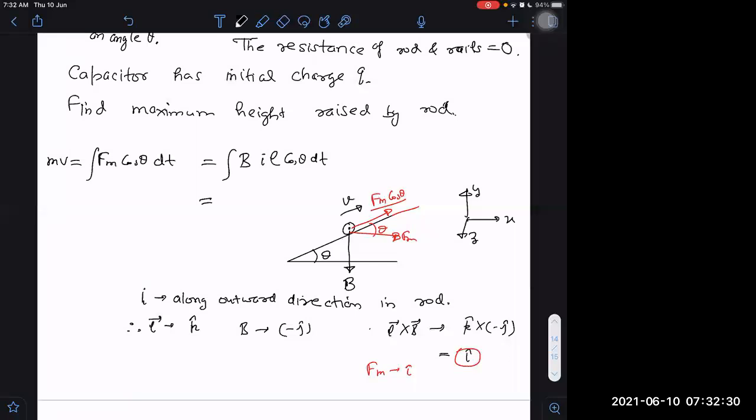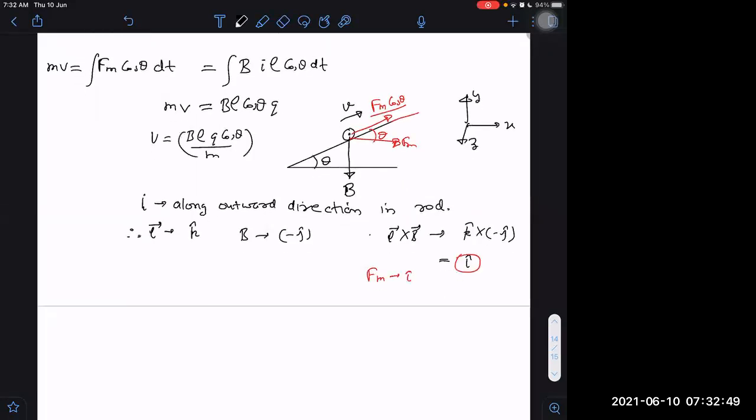That is B taken common, L taken common, cos theta taken common, into Q, equal to mass into velocity gained. What will be velocity then? B L Q cos theta divided by m.